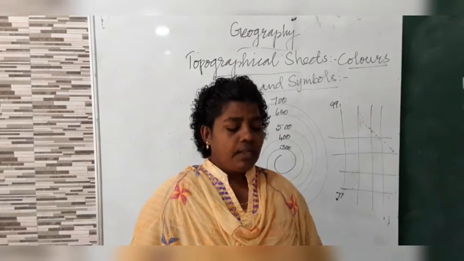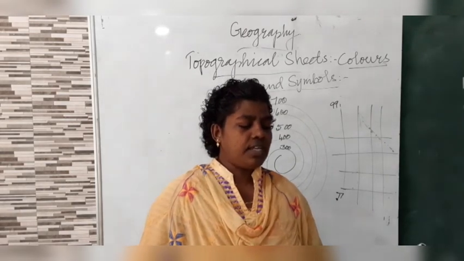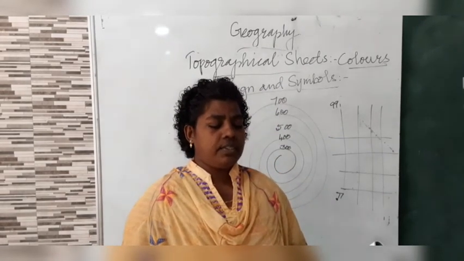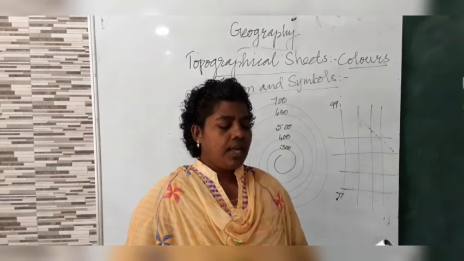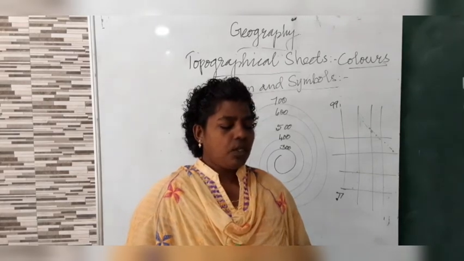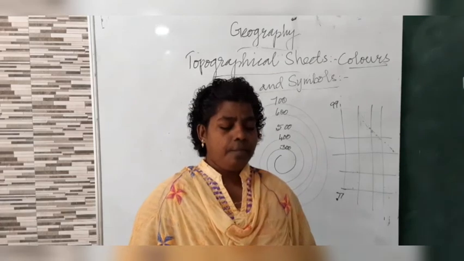Then come to filling the blanks. A. Question number 1: Mountains, hills, rivers, etc. are physical features shown on a map. Second answer is man-made: roads, tracks, wells are man-made features. Third question: contour lines on a map join places of equal elevation.